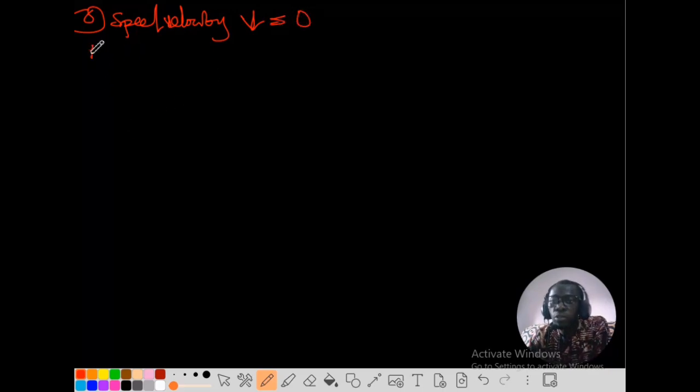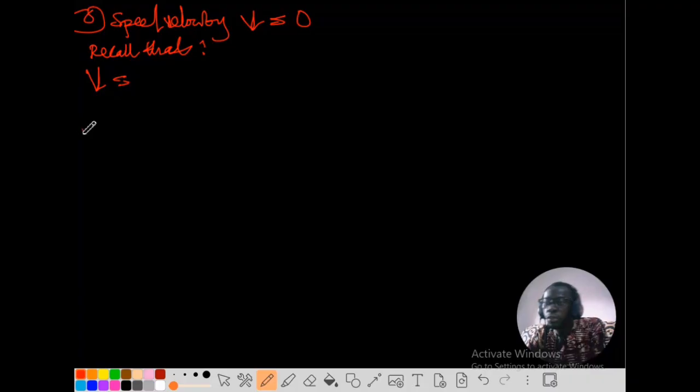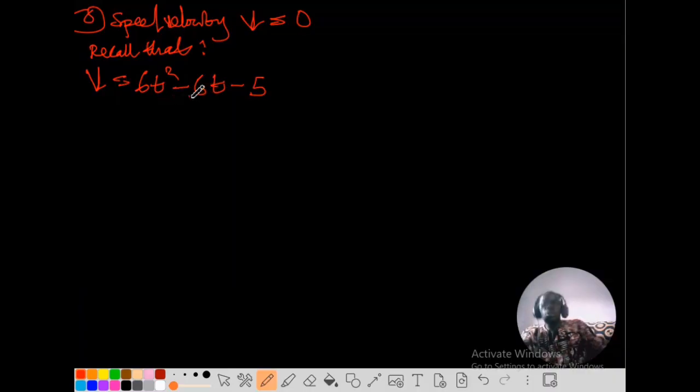Now recall that speed v, we've got that to be 6t squared minus 6t minus 5. Remember, that was what we substituted values into to get the speed at the 5th second.